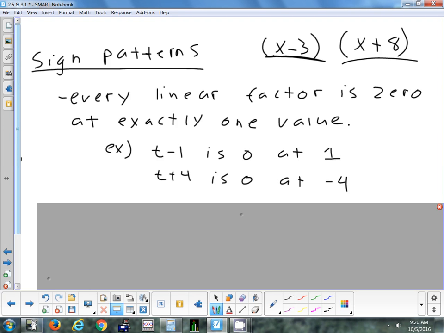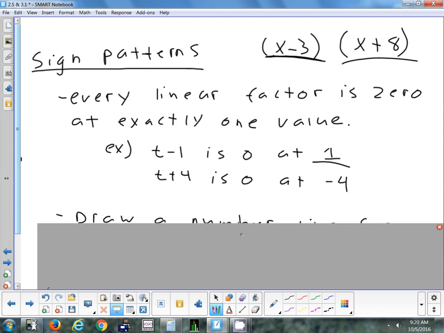So let's examine the behavior in each of the 3 sections. Let's look at numbers less than -5. In the first factor, what kind of numbers do I get if I plug in something less than -5? Yeah, I mean, I didn't mark -5, but it would be somewhere around there.